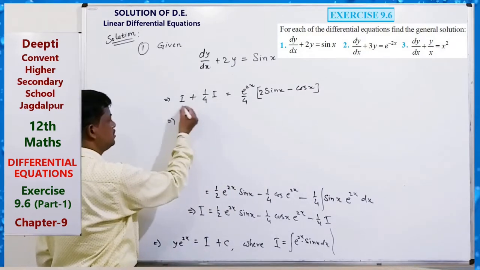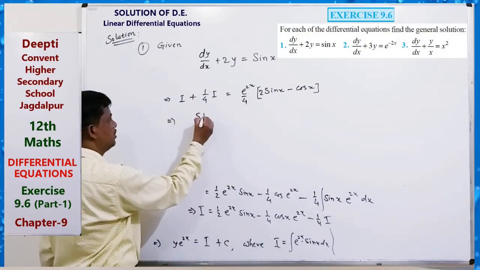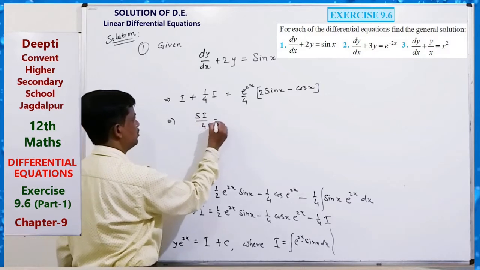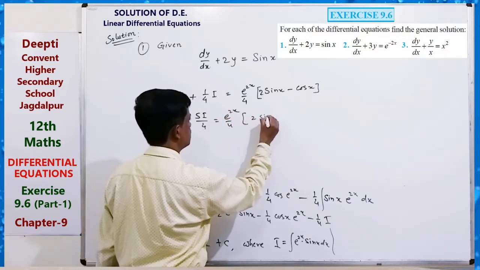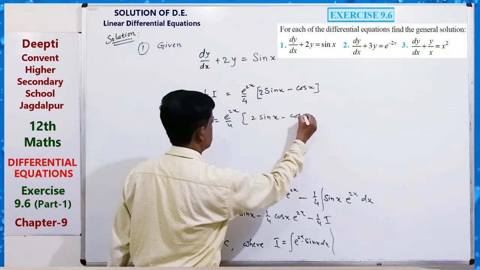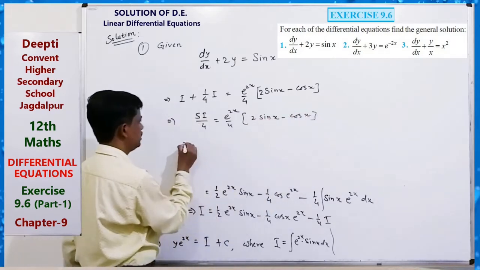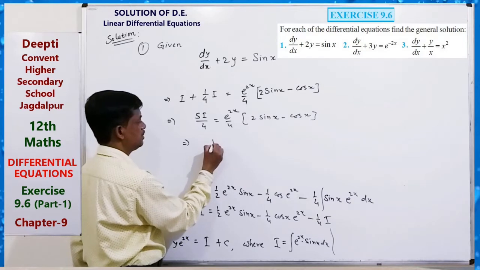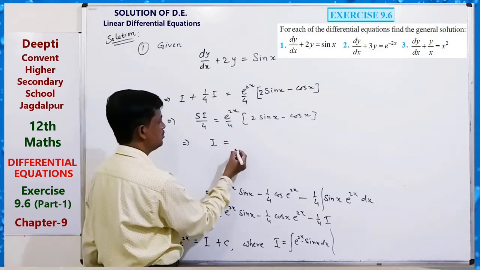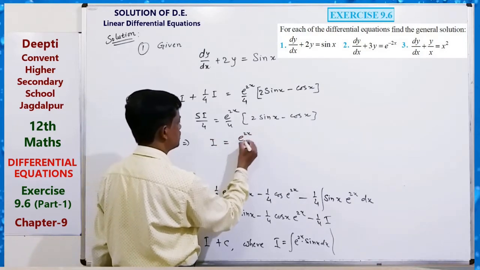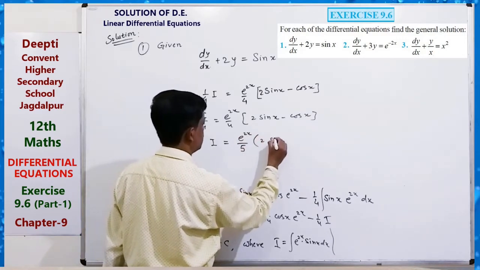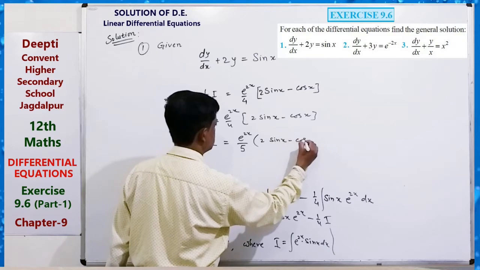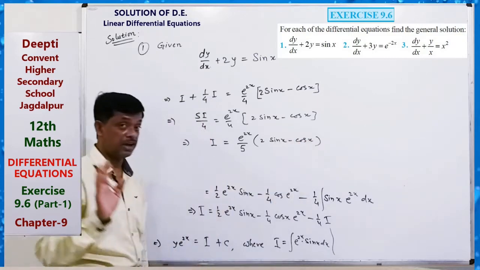So here 5I by 4 equals e to the power 2x by 4 into 2 sin x minus cos x. So here we see that I equals e to the power 2x upon 5 into 2 sin x minus cos x. This is the value of I.